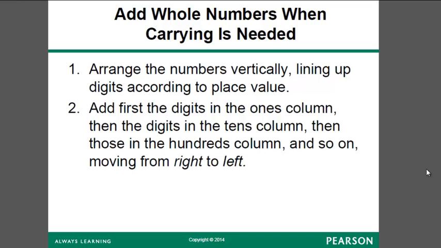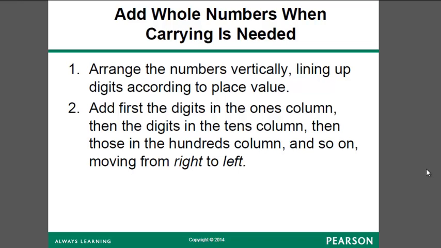What we want to do is first arrange the numbers vertically, lining up the digits according to place value. Make sure that all your ones are in one column, all your tens are in another column, hundreds in another column. If you need to, get graph paper and use the grids. This helps you keep everything in alignment.